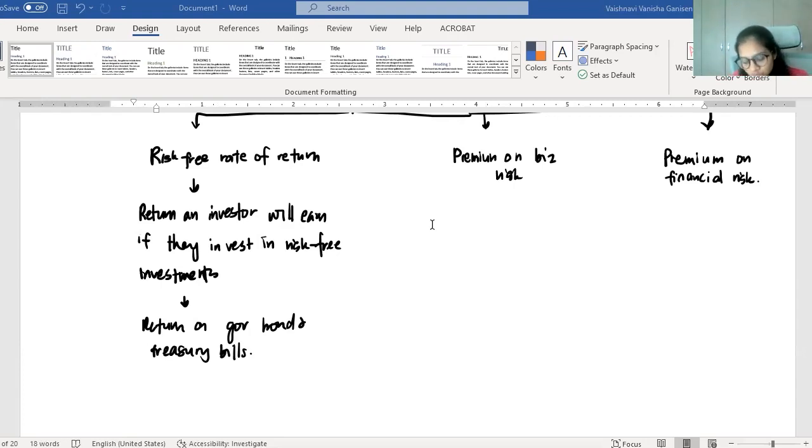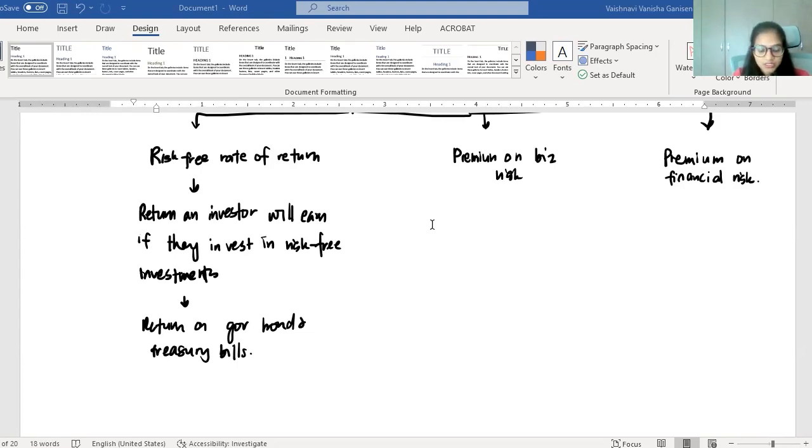If you choose to invest in a more risky business, that is what will lead to your company earning a higher return, because you are willing to take on that additional risk. The general understanding between risk and return is that the higher the risk, the higher the return of that particular organization.